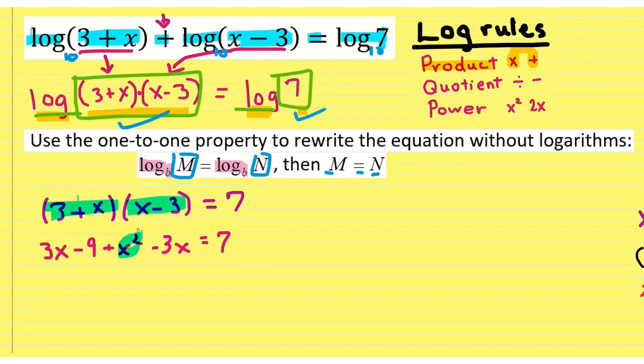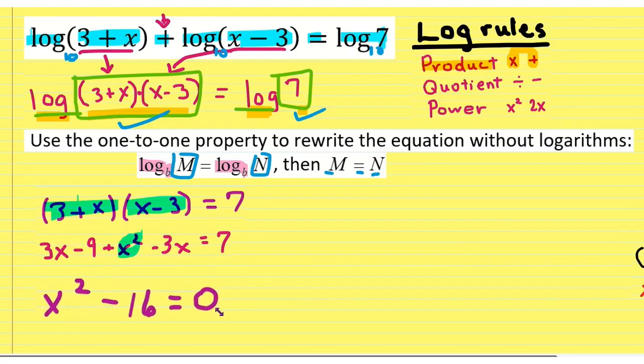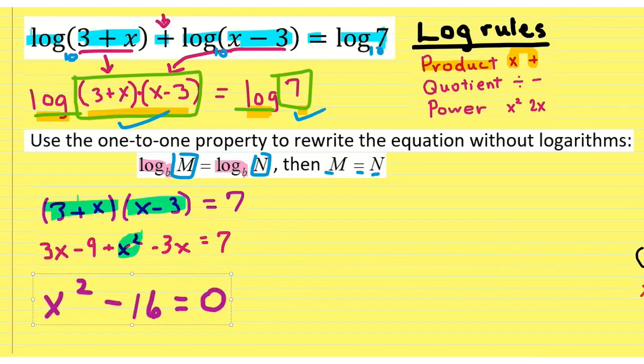There's an x squared term. Now if I just combine all of my like terms, it's going to end up like this, because the 3x and negative 3x canceled each other out, and then we brought the negative 7 over here, and that gave us the 16. So we end up with x squared minus 16.